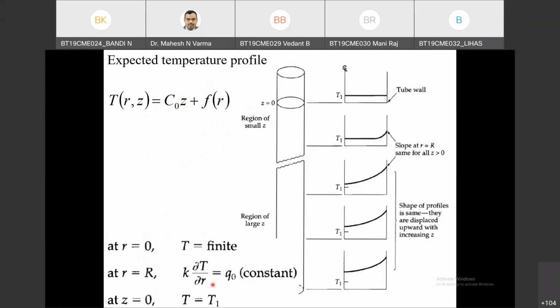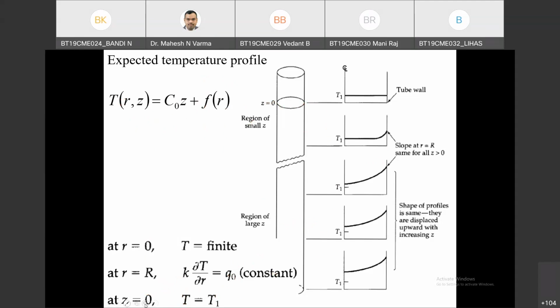So instead of using this first boundary condition, I will take a heat balance over a length L, so that this F of R will also get involved along with this boundary condition. You can say the modified version of the same boundary condition I will be using along with this Z and Q0, along the length. What is the final temperature? That I will be using as the third boundary condition.